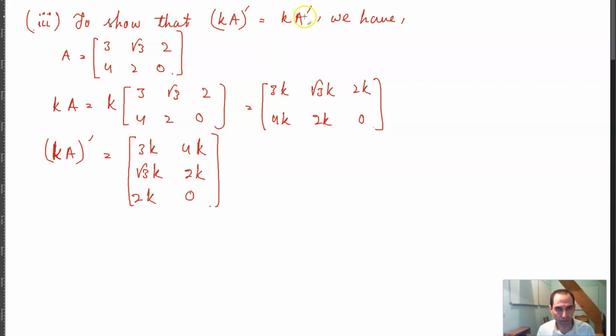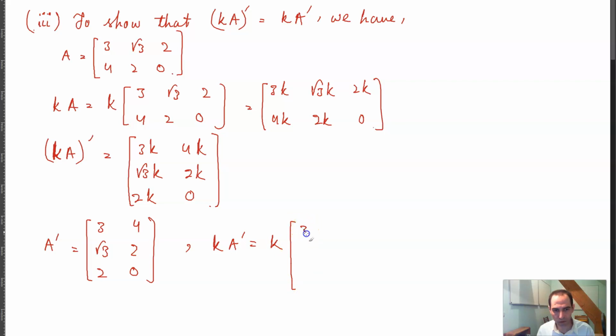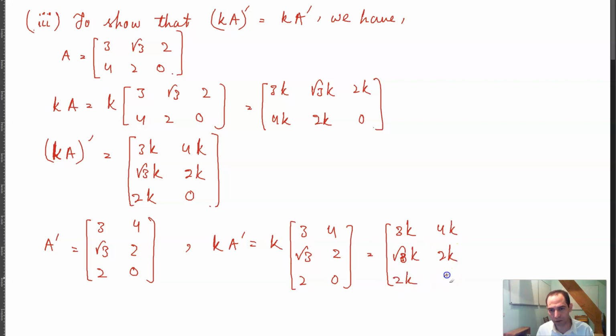Now if I take the transpose of A, or A transpose, that gives me this matrix 3, square root of 3, 2, 4, 2, 0, and therefore k times A transpose is equal to k times this matrix 3, 4, square root of 3, 2, 2, 0, which is equal to 3k, 4k, square root of 3k, and 2k, and 2k, and 0.